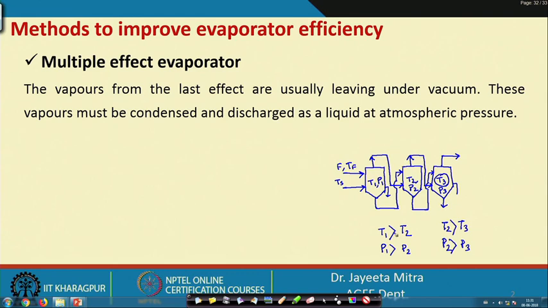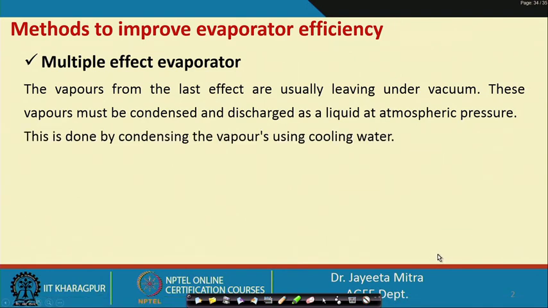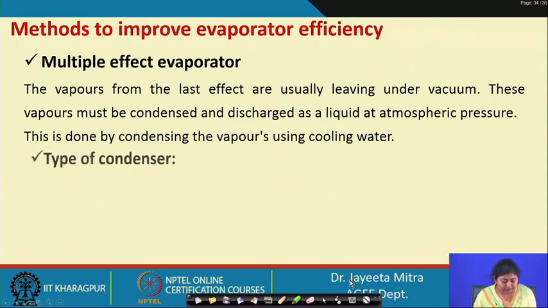Therefore, we can say that the vapor from the last effect is usually under vacuum, and these vapors must be condensed and discharged as a liquid at the atmospheric pressure, right. This condensation can be done by using cooling water.